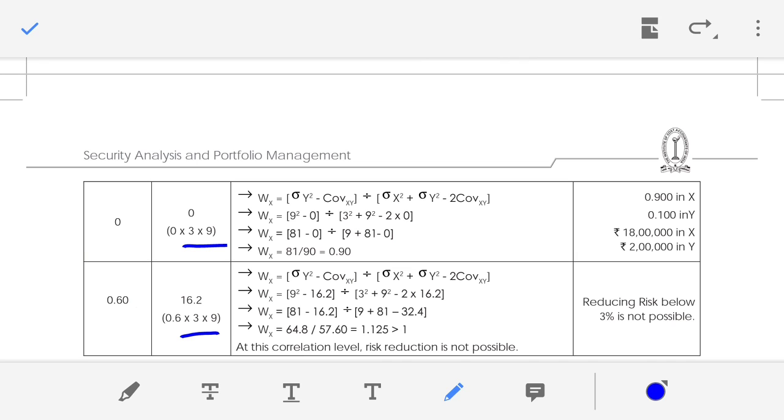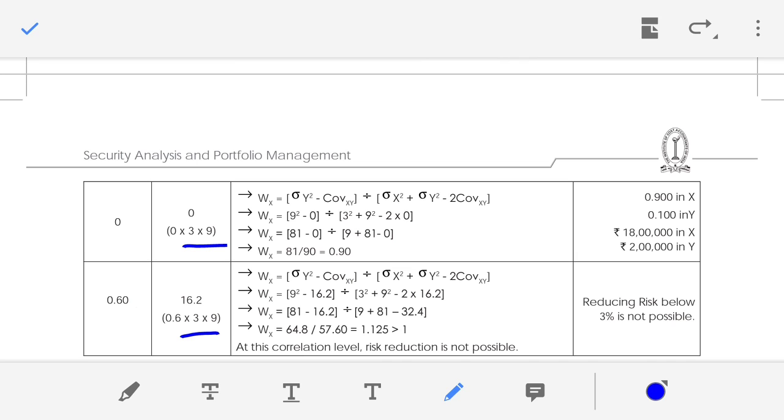Here the value becomes 1.125, but 20 lakhs is equal to 1. So if we have 1 rupee, how much are we investing in the first stock, X? Here it is coming as 1.125, which is more than 1.